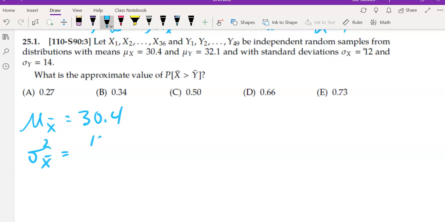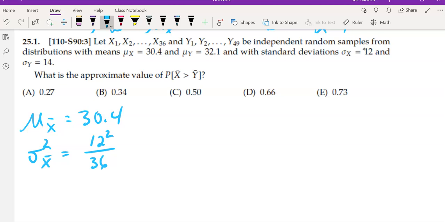144 divided by 36. Okay. Where'd you get that, Alex? 12 squared. Okay, given variance of x, good, and divided by n. Right. So they give you the standard deviation in this case and not the variance, so I have to square my 12 to get the variance.